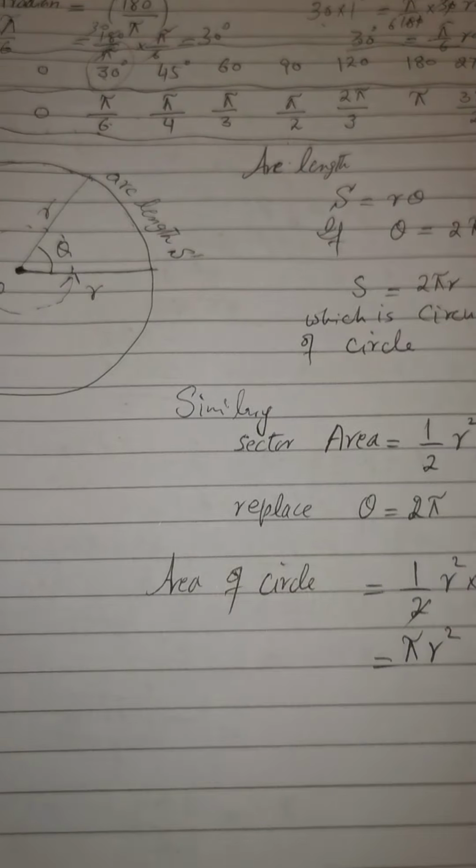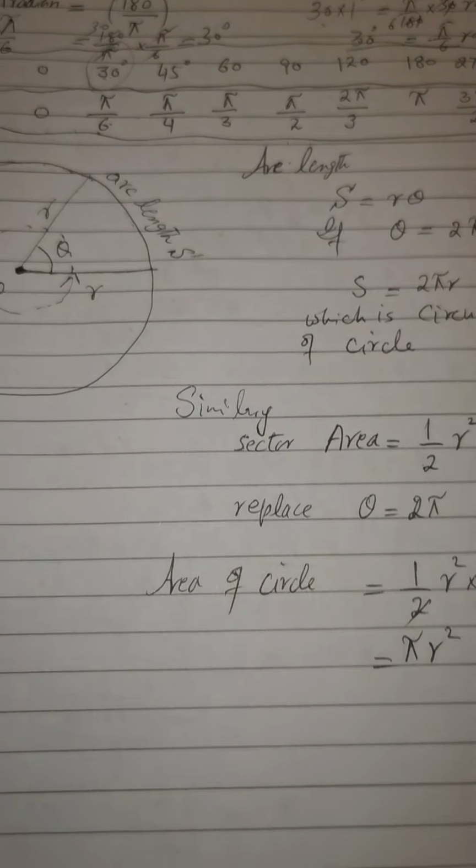So it is represented by 2 pi, because 180 degree is equal to pi and we have 360 degree, so it becomes 2 pi. Pi is equal to 180 and 2 pi means 2 multiplied by 180, which is 360, right?